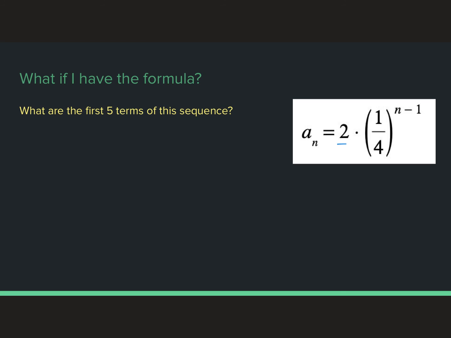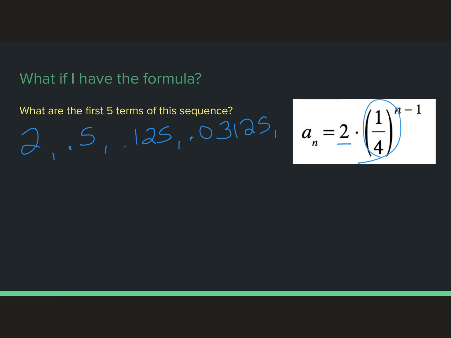Here, I know my first term is 2. My common ratio is 1/4. Well, 1/4 of 2 is going to be 0.5. 1/4 of 0.5 is going to be 0.125. 1/4 of 0.125 gives me 0.03125.